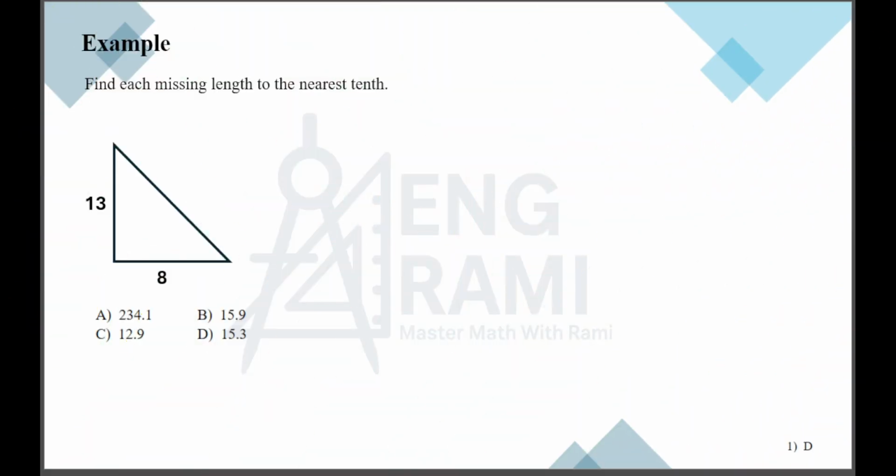Let us solve this example together. Find each missing length to the nearest tenth. We have a right triangle. This is the first rule in order to apply the Pythagorean theorem. This is 90 degrees, so this is a right angle and this is the hypotenuse.